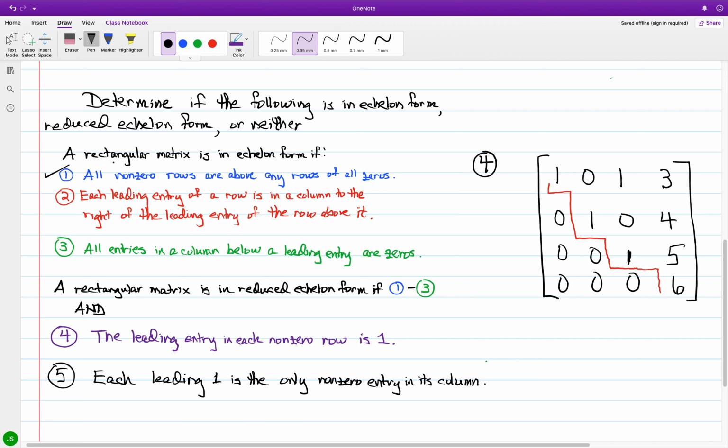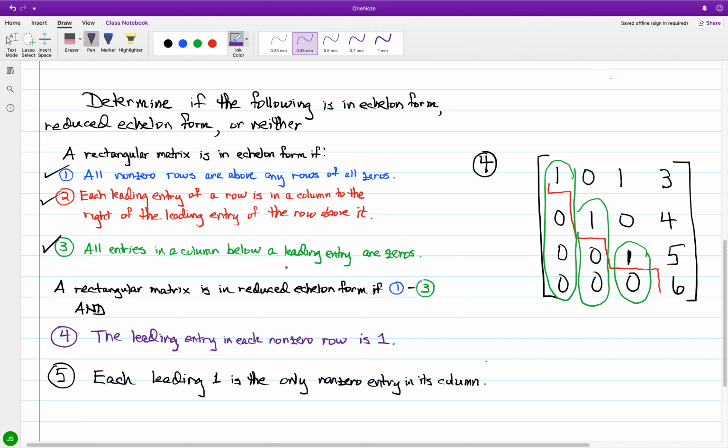So case number 2 is satisfied, and all entries below a leading entry are zeros. So that part is satisfied, this part is satisfied, and we have also complied with the fourth case.